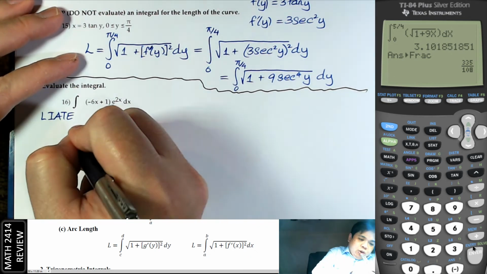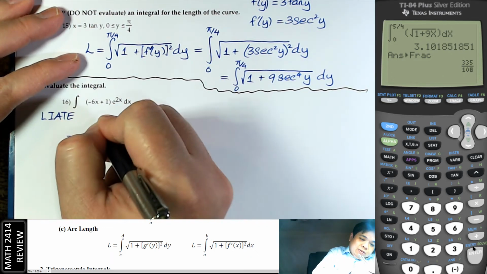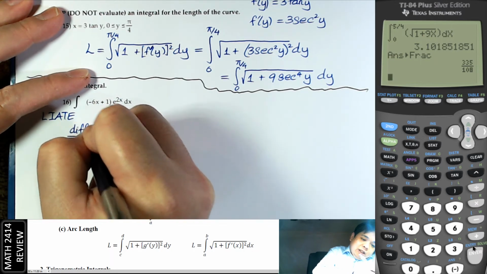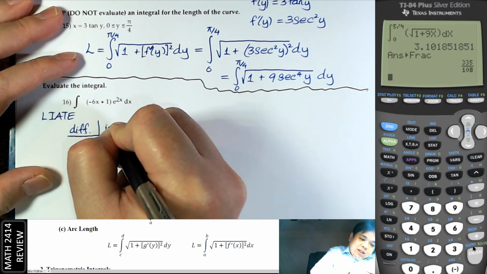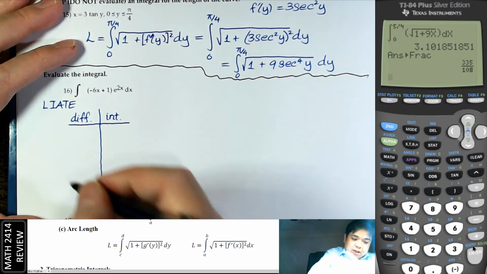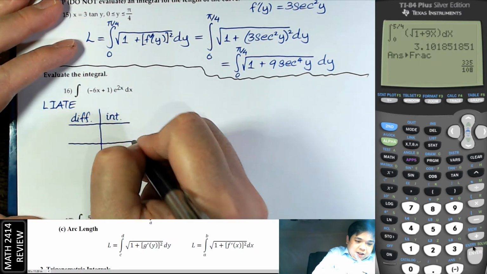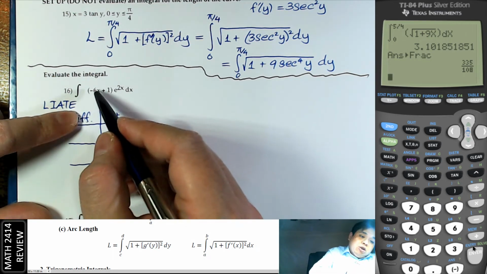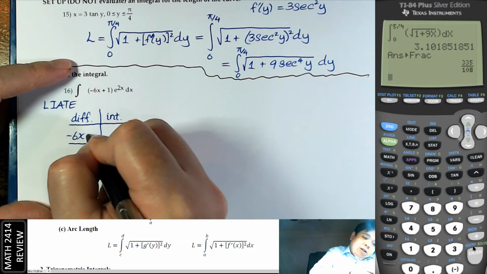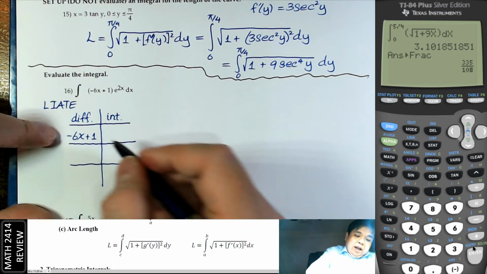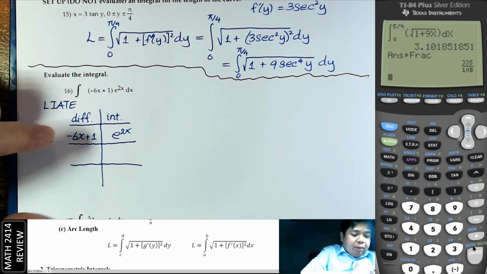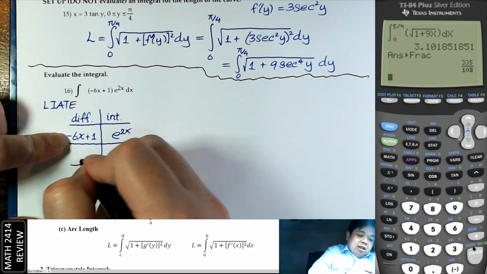I prefer to use the table: derivative and to be integrated. Whatever appears first on this list we use to be u, or to be differentiated. So that will be negative 6x plus 1. And then the other one is e to the 2x. Right, the derivative of this is negative 6.